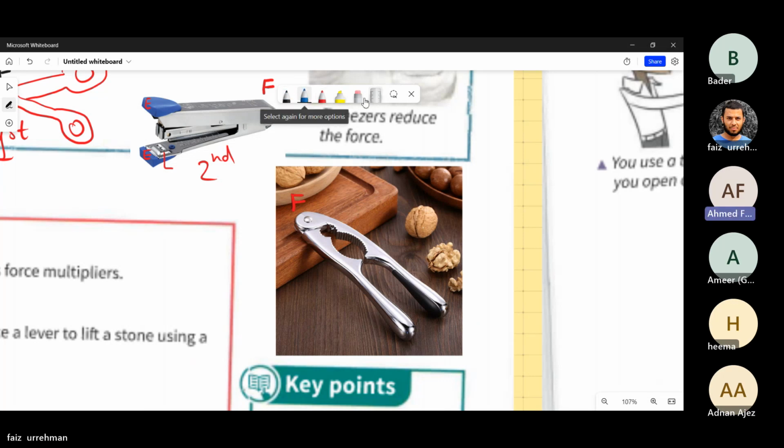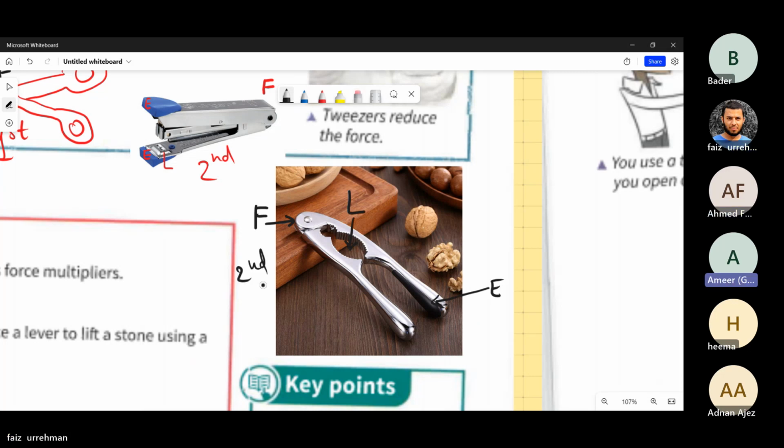It is in the one little pointy spot. I will write it here. The load is in the middle and the fulcrum is here. And where do you put these walnuts? You put them here. So the load is here, and then the effort goes here. So it is second class.